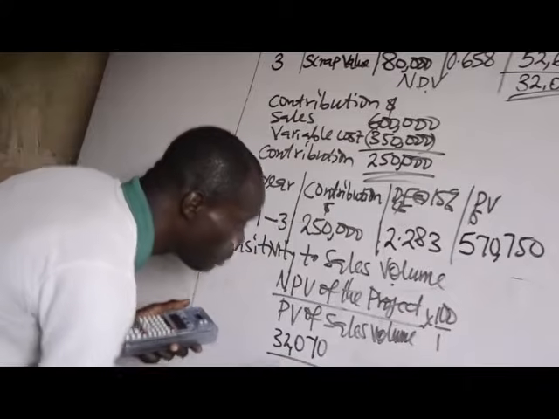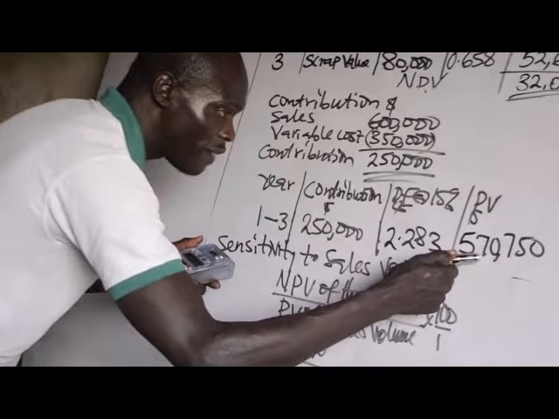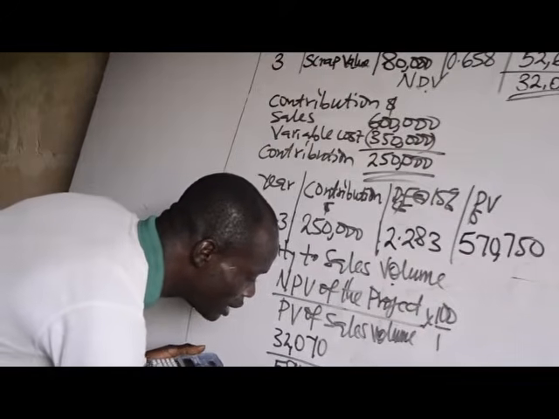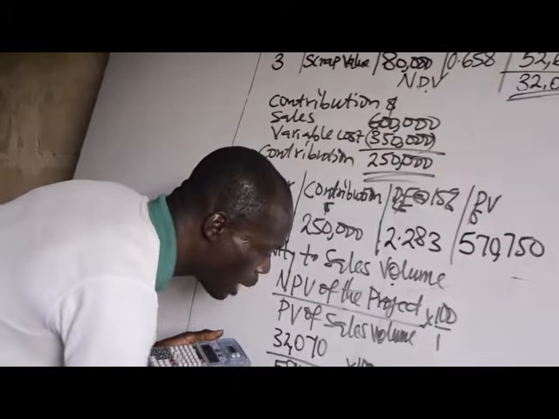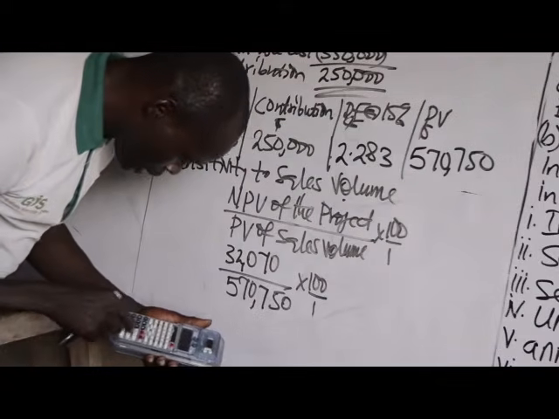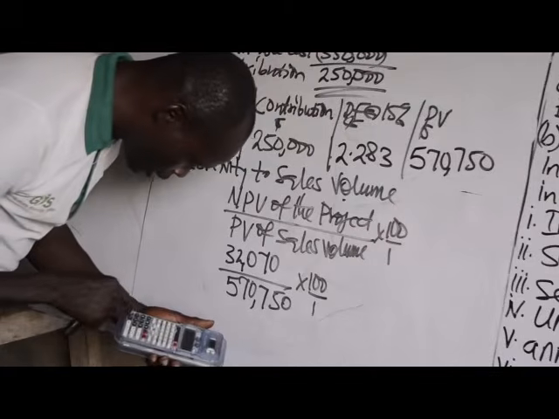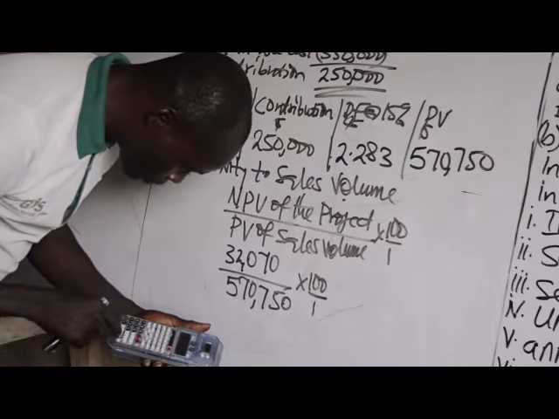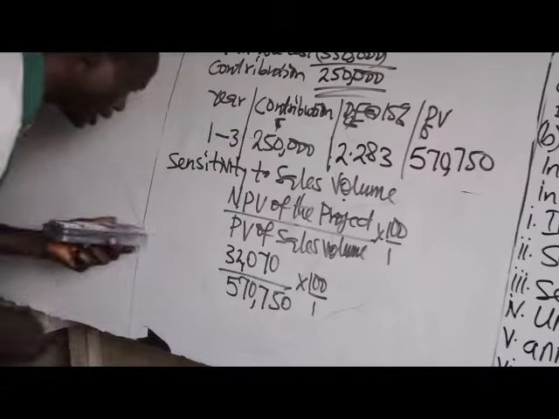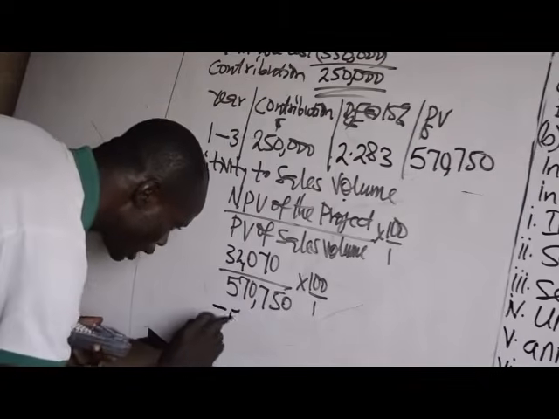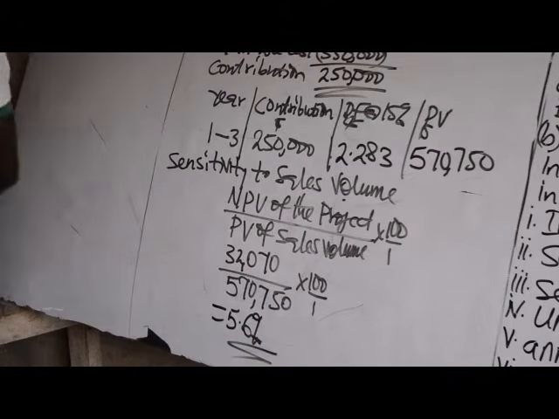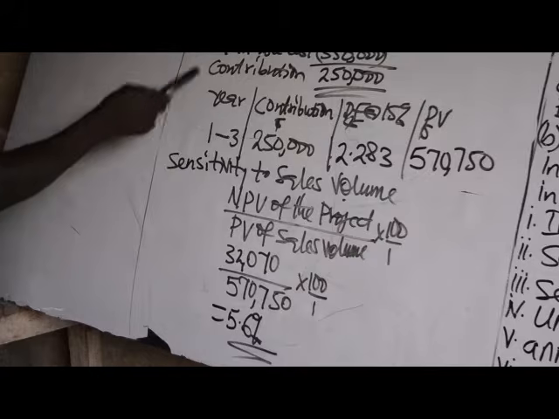PV of the sales volume as calculated, we have 570,750. 570,750 times 100 over 1. 32,070 divided by 570,750 times 100. That gives us 5.6%. Sensitivity to sales volume is 5.6%.